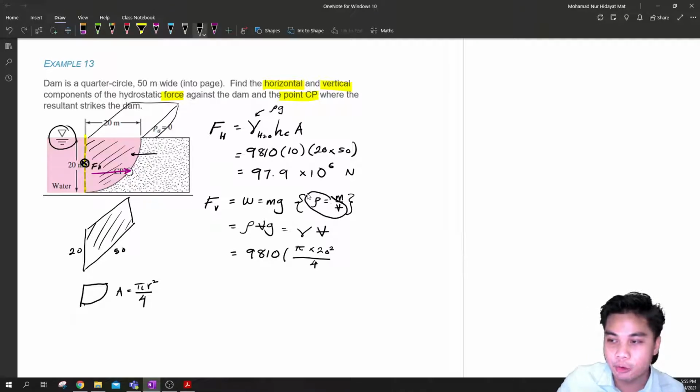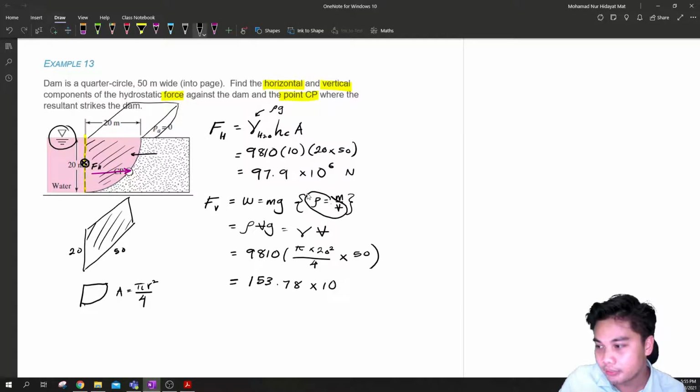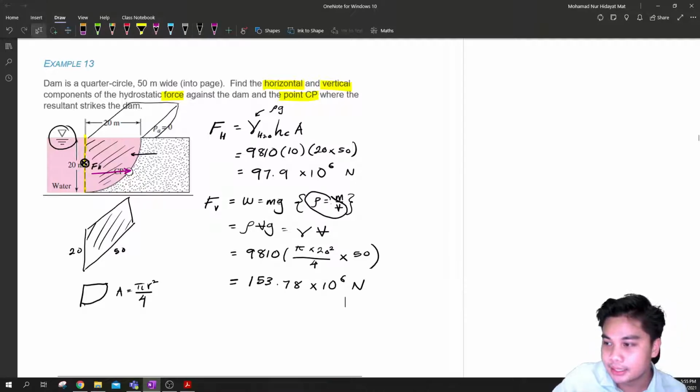In order to get the volume, multiply with the depth. Okay, into the page, which is 50 meter. In the end, you will get the value 153.78 multiplied by 10 to the power of 6 Newton. Alright, so that is the magnitude.